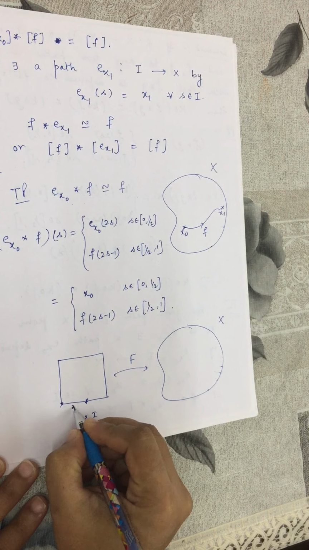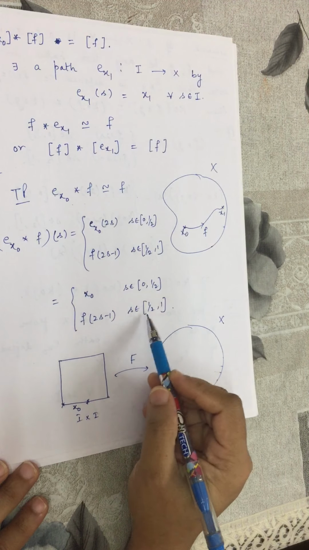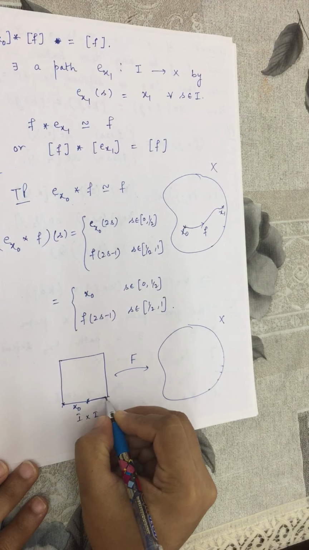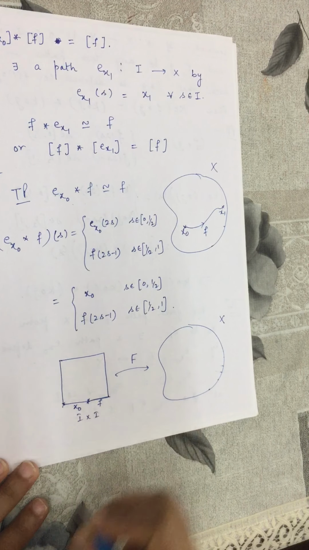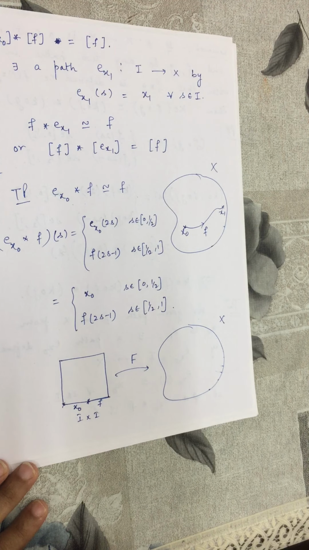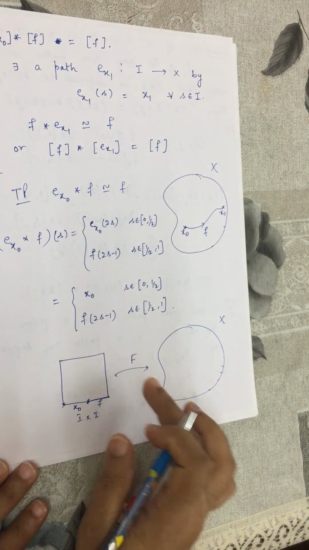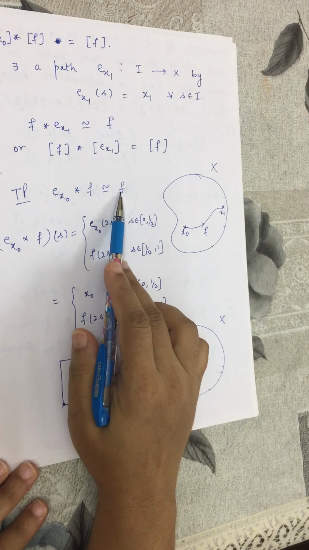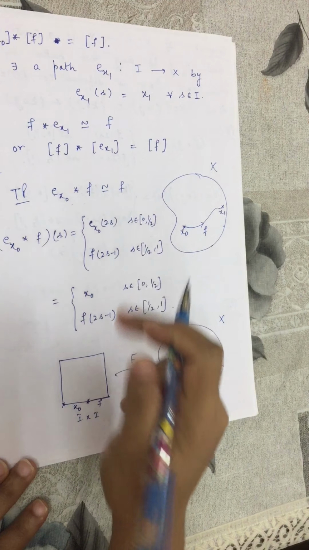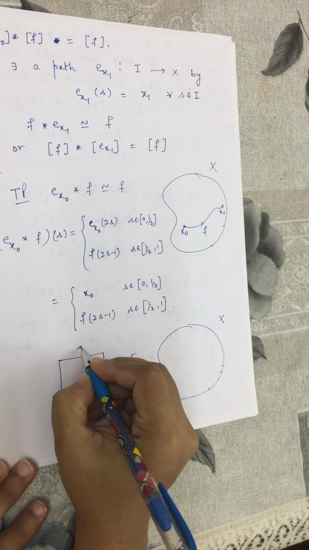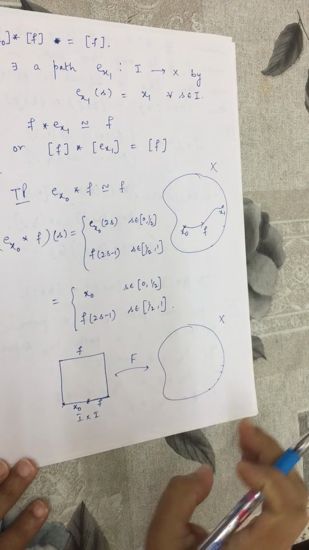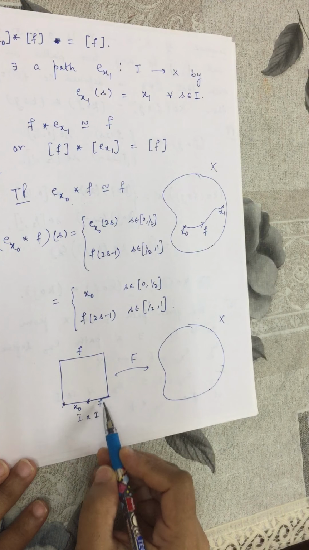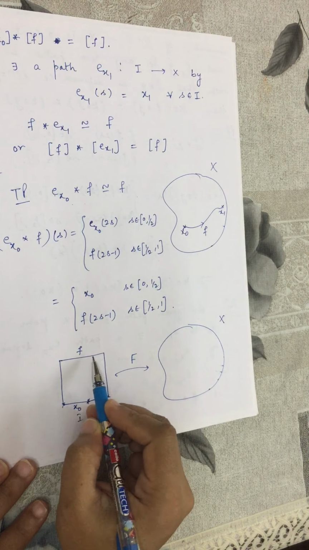So on this interval it should map to x0, and on the rest of the interval it should map to f of 2s minus 1. So this portion should be mapped to the path f. And we also need this mapping to map the top line of this square I cross I to the path f, because on the right hand side we have this path f. So the whole of this line should be mapped to f. So we need a mapping from I cross I to X such that this portion maps to x0, and this whole portion maps to the map f.